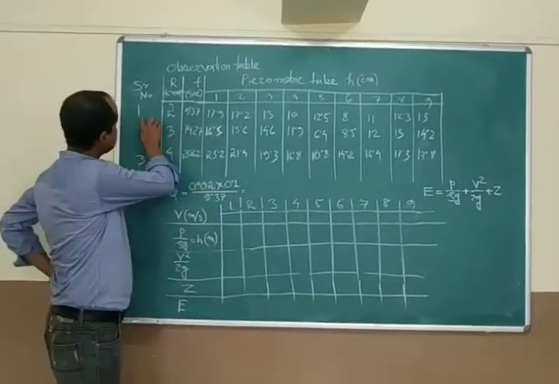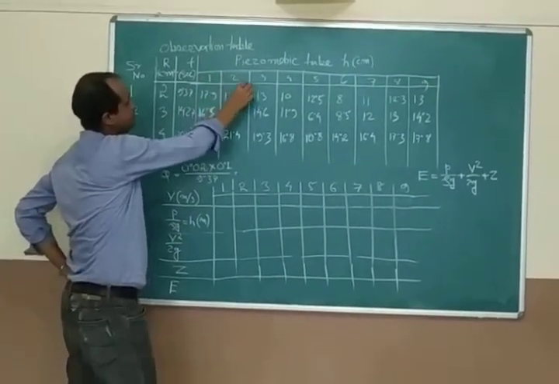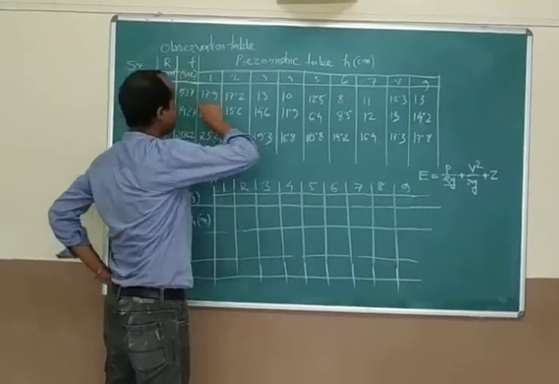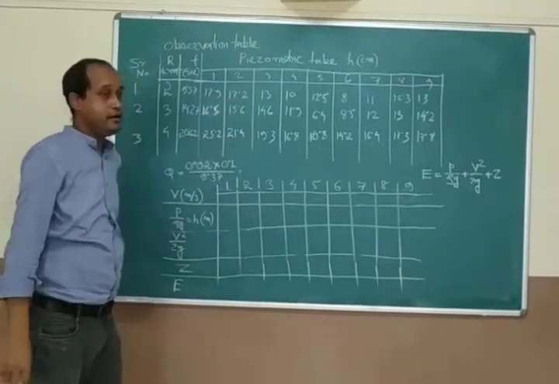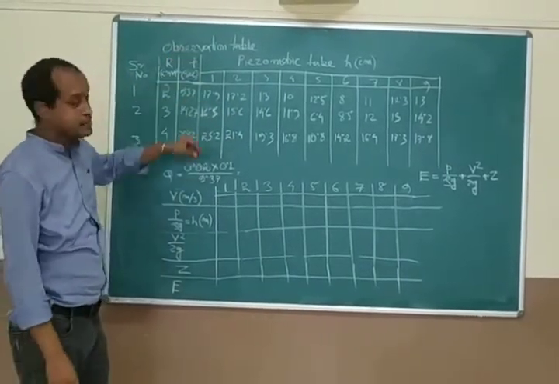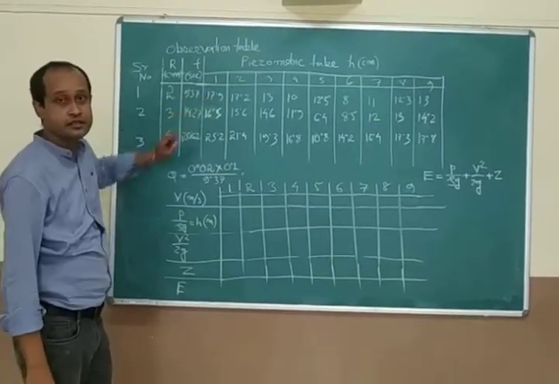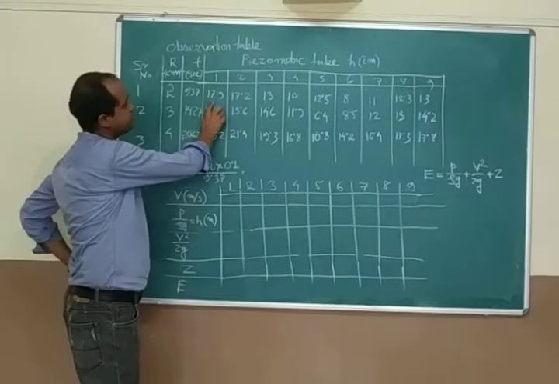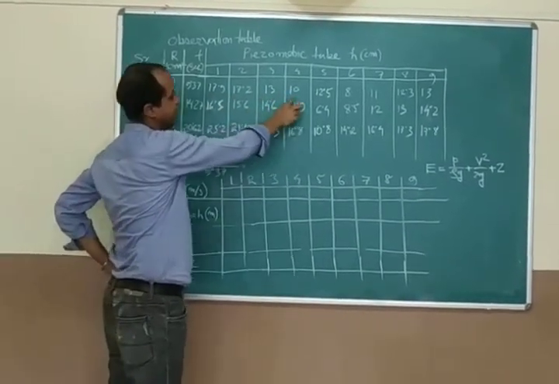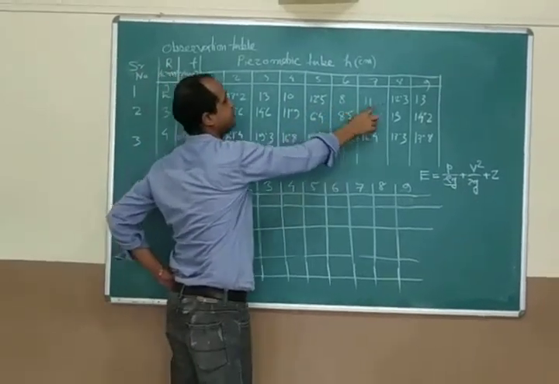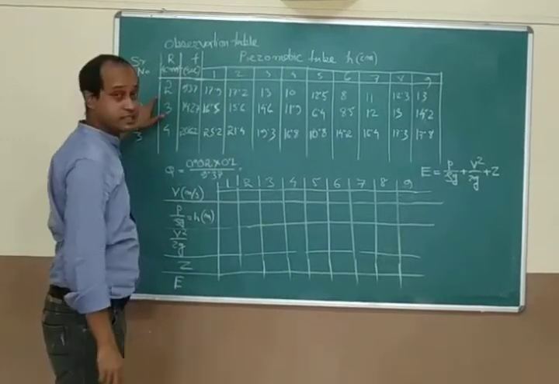Now for the first observation, this is the 1, 2, 3, 4, 5, 6, up to 9 testing points where a piezometric tube is attached. By observing the piezometric tube, you will get these readings: 14.9, 17.9, 17.2, 13, 10, 12.5, 8, 11, 12.3, and 13 for the first observation.